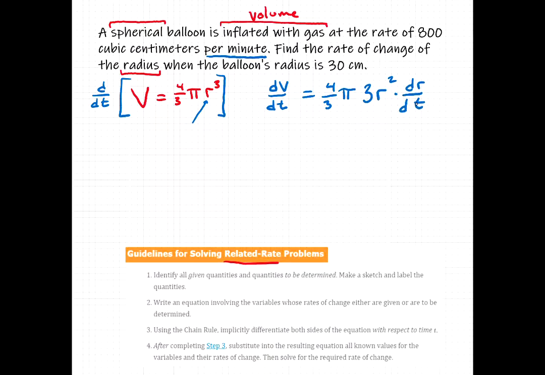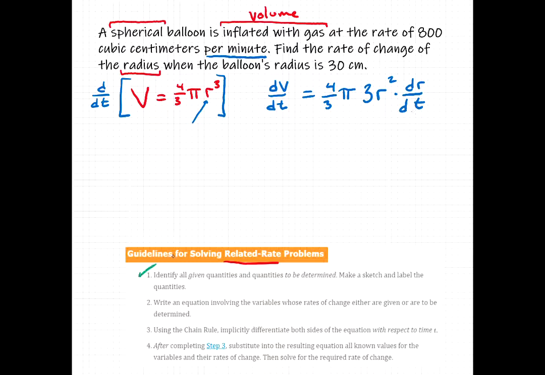Okay, so now we've related the rates of change. The first equation in red is a relationship between V and r, and the equation in blue is a relationship between dV/dt, dr/dt, and r.